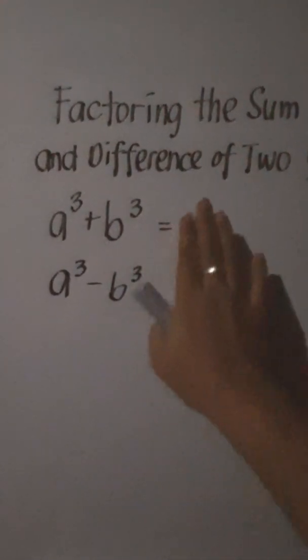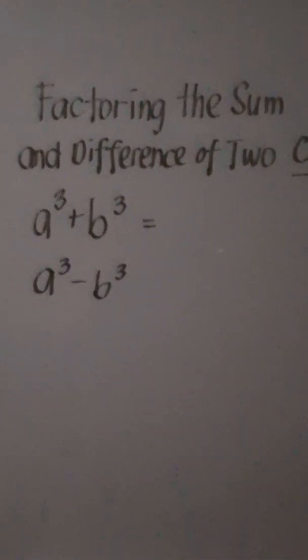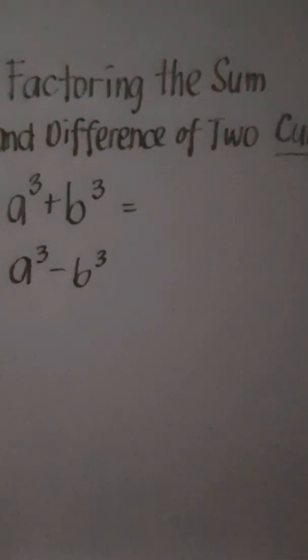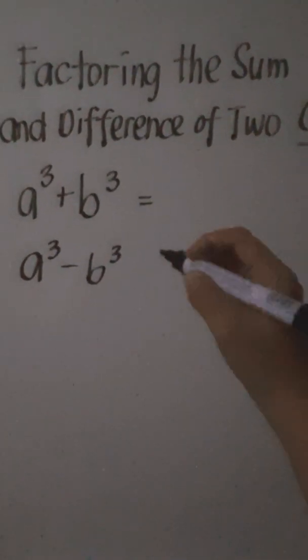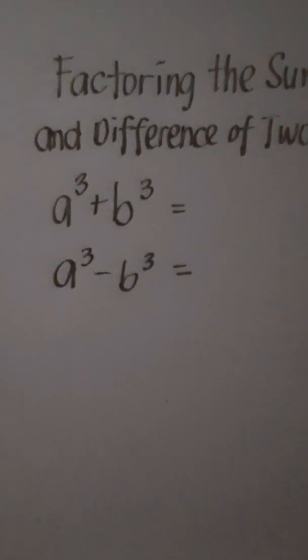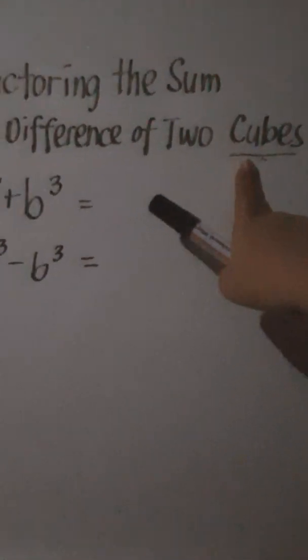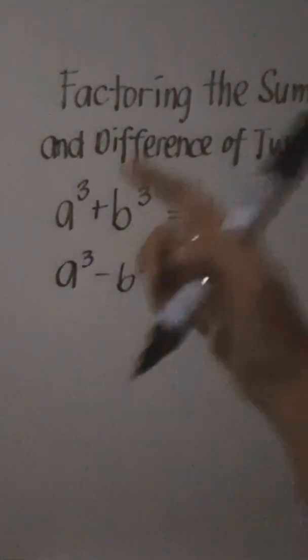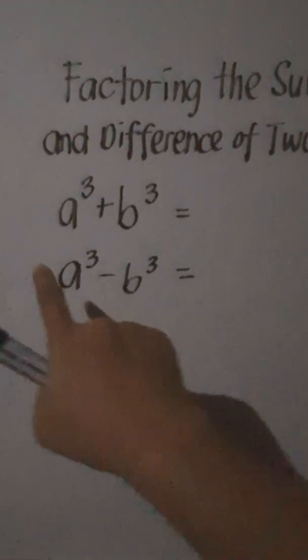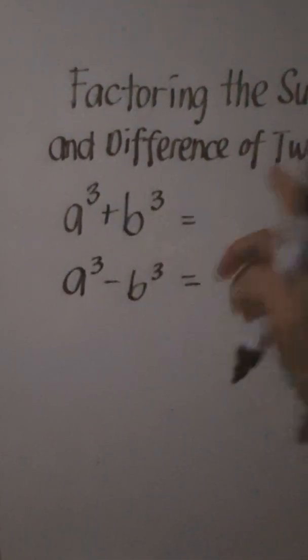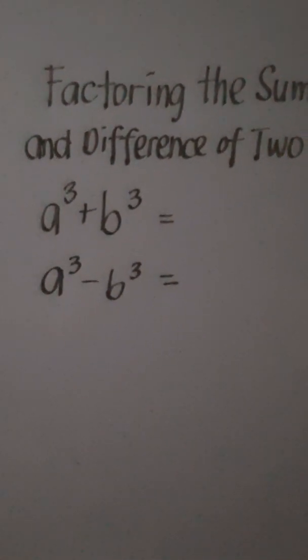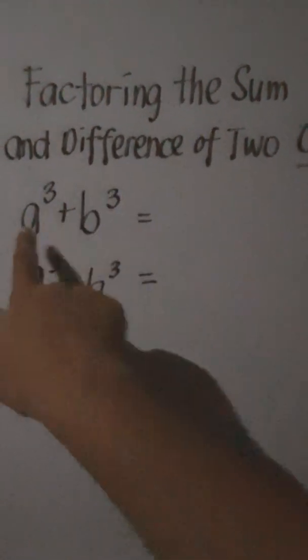Let's take a look at the two examples illustrated here. The first one, a cube plus b cube. Again, to use this technique, we have to make sure that the terms are really cubes. So a cube and b cube, both are cubes.